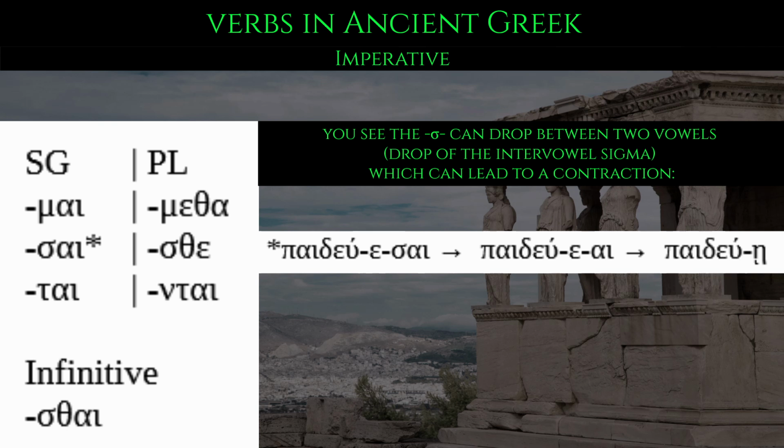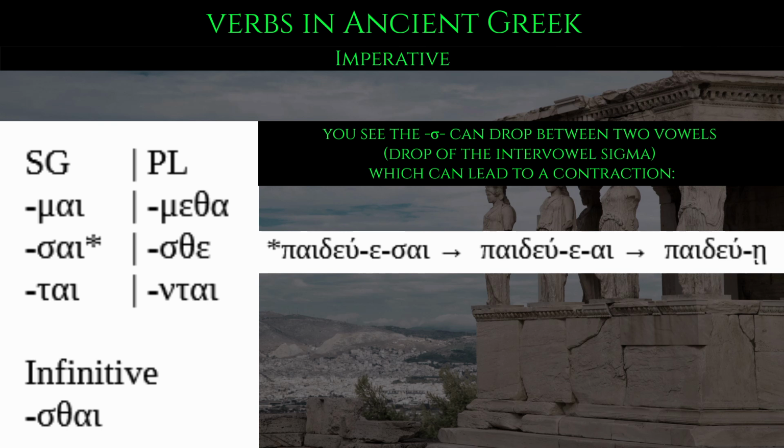Yet epsilon and alpha, as well as epsilon and alpha iota, contract, and when it is epsilon alpha, we get eta. Yet we do have a diphthong where there is an iota involved as well. So we get an eta with iota subscript. Thus we are ending up with paideuei.